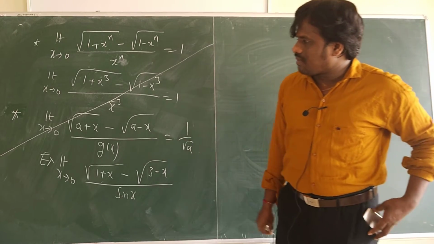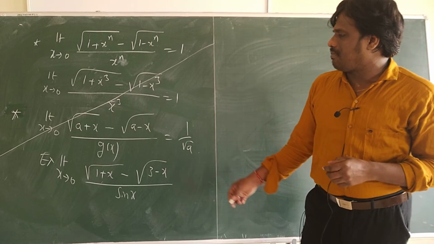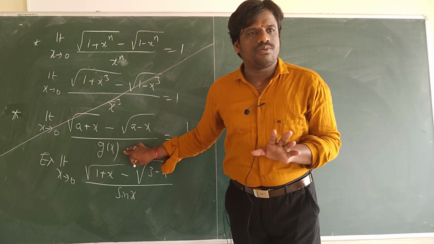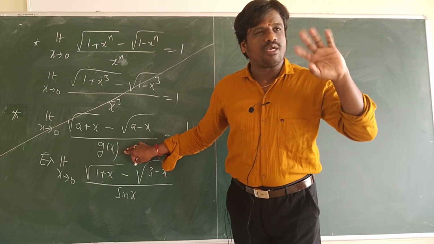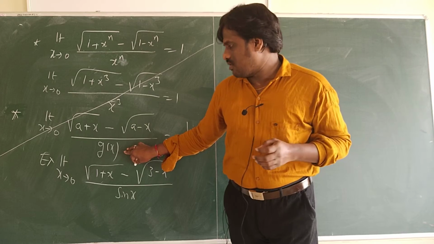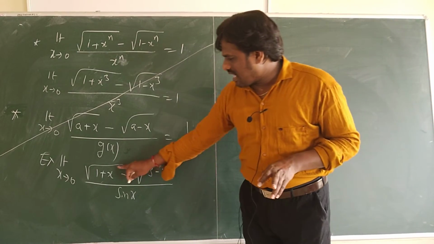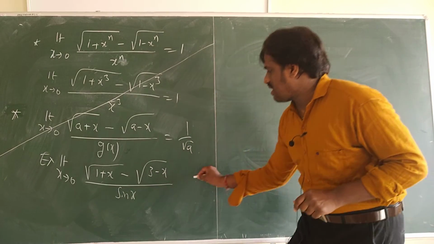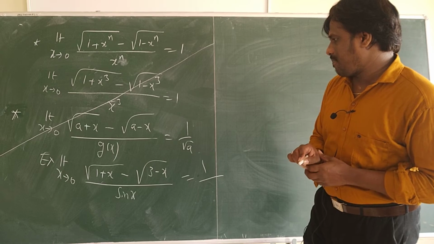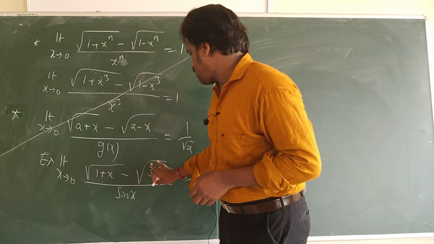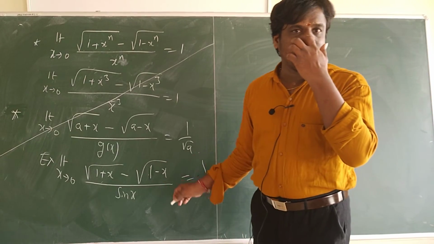And this one, limit x tends to 0, under root of a plus x minus under root of a minus x upon any function, sin inverse hx, tan inverse hx, sin hx, any trigonometric function, or x also. Whenever you have such a question, the answer is 1 by root a. So what is root a here? That went wrong, so we have to take 1, then it will be 1. If it is 3, you will get 1 by root 3.